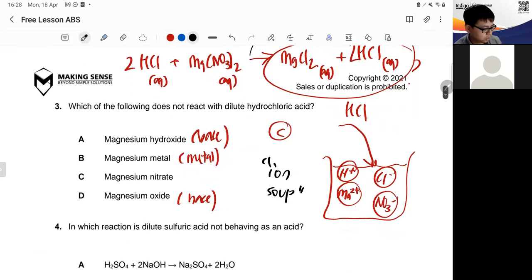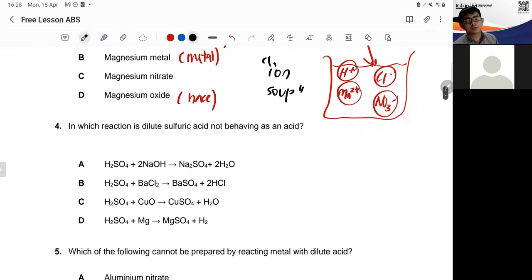Question 4. In which reaction is the acid not behaving like an acid? Acids must react with a base, carbonate, or metal. Acid plus base gives you salt and water. This is true, it's doing its job as expected. Let's look at C. Acid plus base, salt and water.